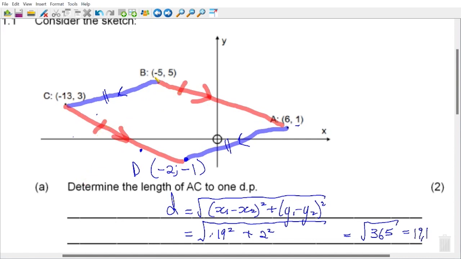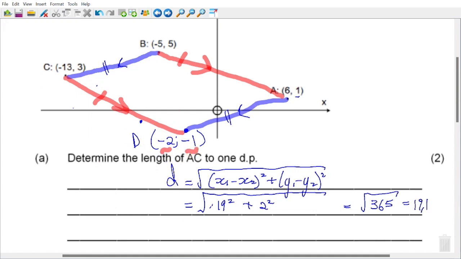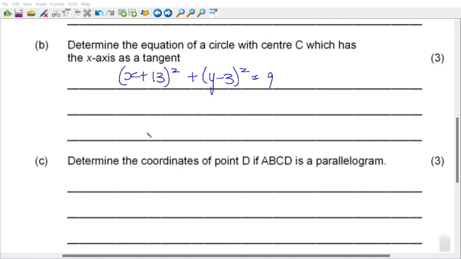So as we move from B to A, the x value increases by 11. So from minus 13, if we increase by 11, we get minus 2. And the y value decreases by 4, and if the y value decreases by 4 from 3, it goes to minus 1. So D is the point negative 2, negative 1. Let's just fill that in.